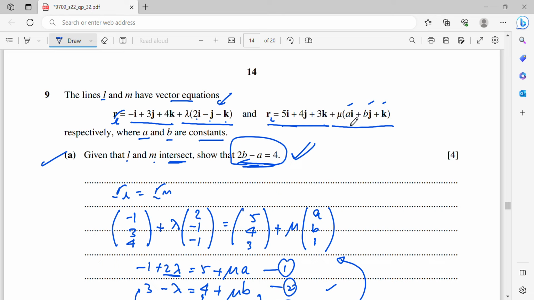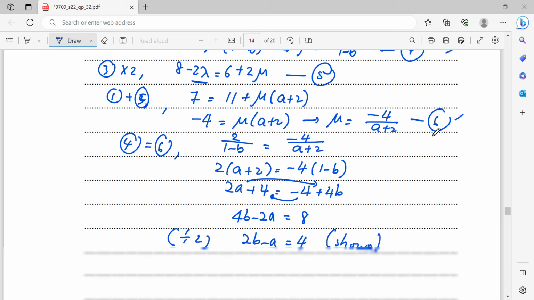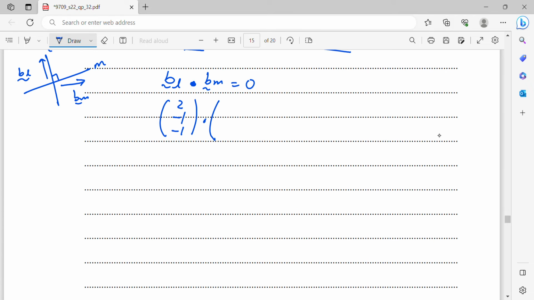Alright, because all these are the coefficients for the components. So a, b, 1 equals to 0. So now this is the scalar product. Therefore 2a plus minus b is minus b, plus minus 1 is minus 1 equals to 0. So basically you just multiply and add all together.